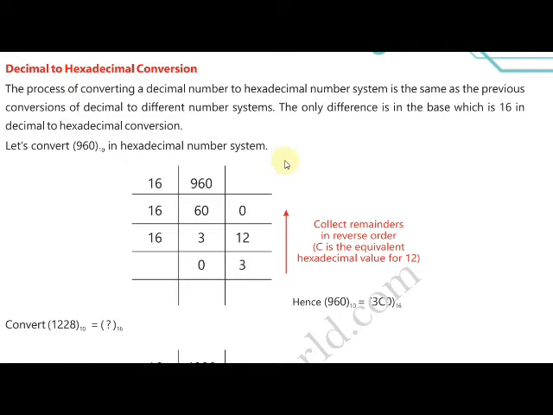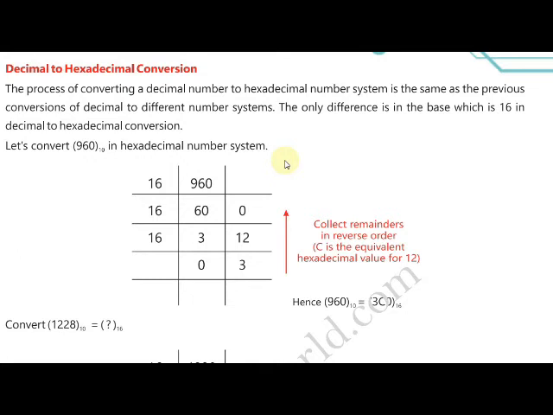Whenever you get a remainder greater than 9, instead of that digit you have to use the alphabet which is assigned for that number.